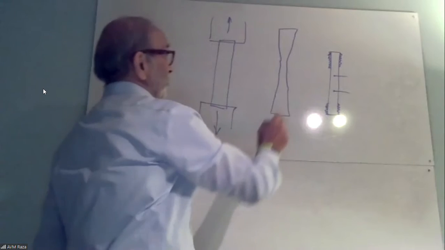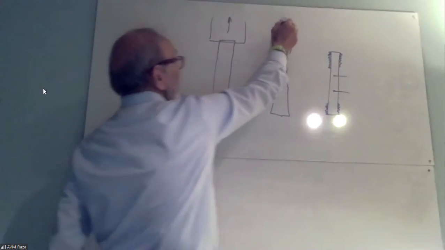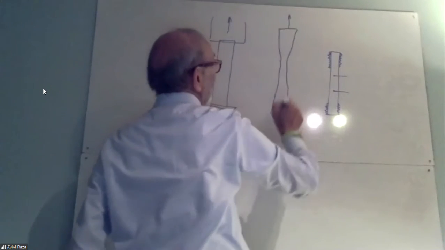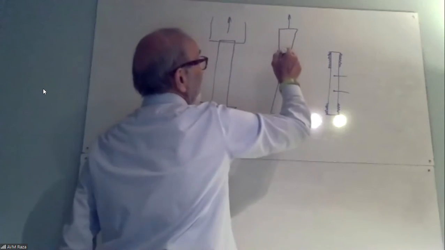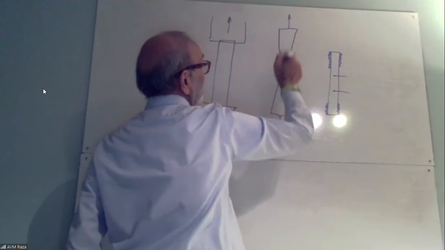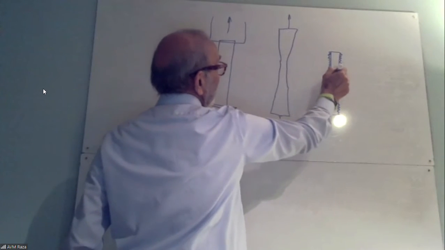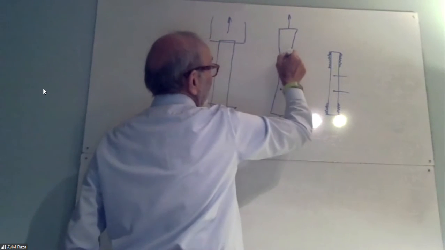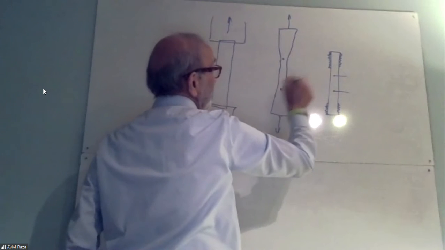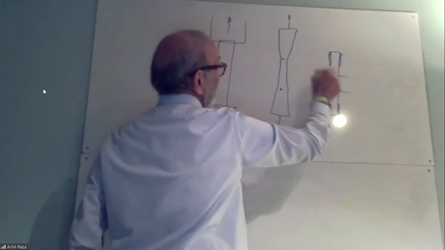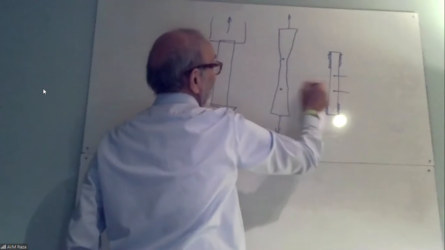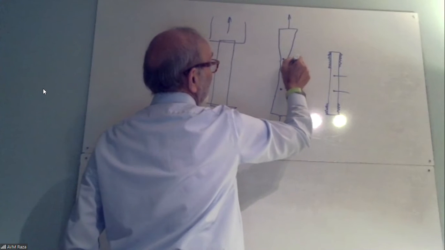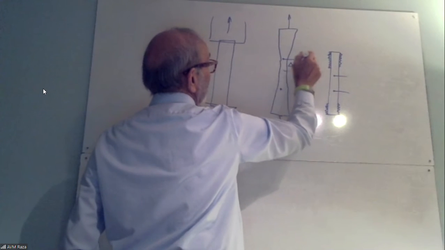And then when you load it to a certain value, and the load is known to you, now you see the marks have gone that big. So the length has increased. It was originally this much. So this is the delta L you see.